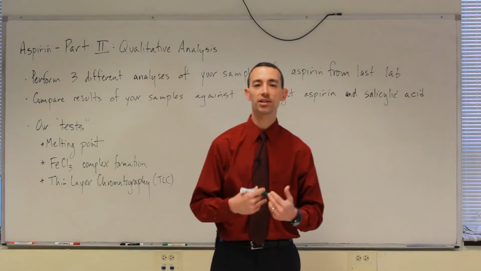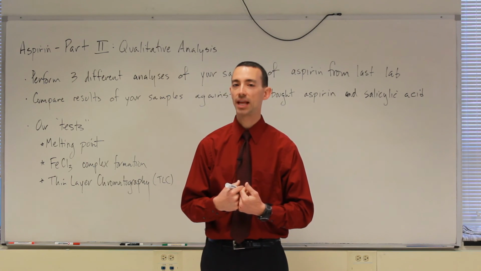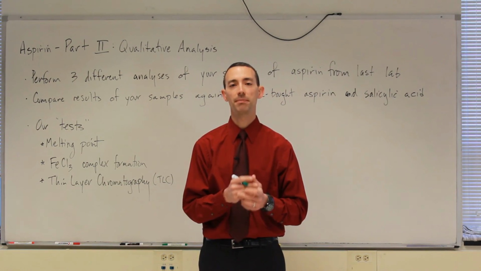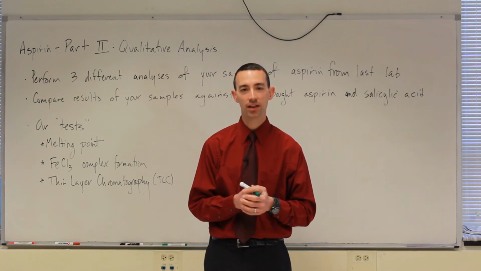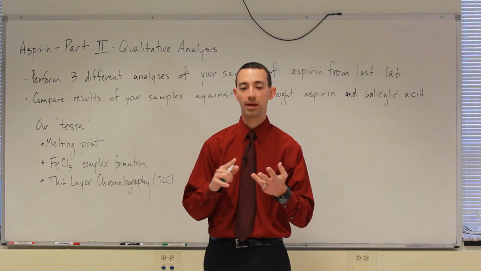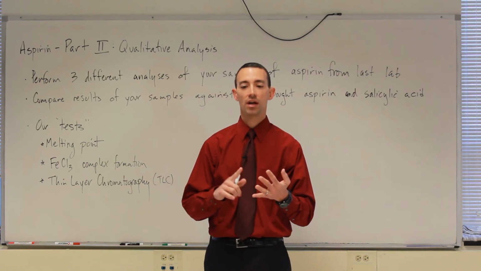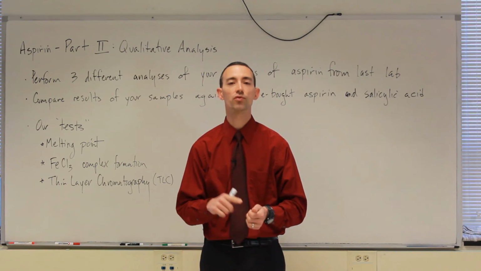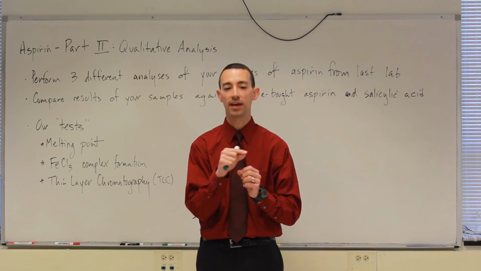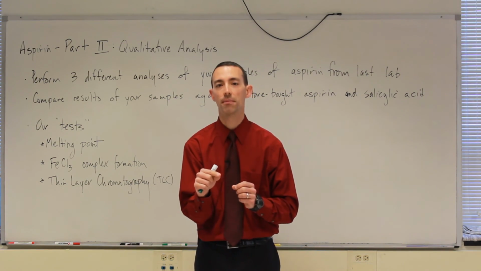You will collect your samples from last lab period, which should be nice and dry by now, and you want to make some notes about how they look. Colors, size of the crystals, maybe shapes of the crystals, clumpiness versus being dry. Are the shapes of the crystals needles, or are they more cubic in shape?